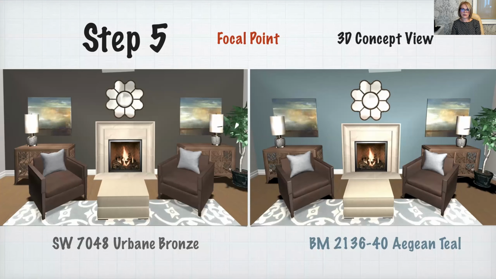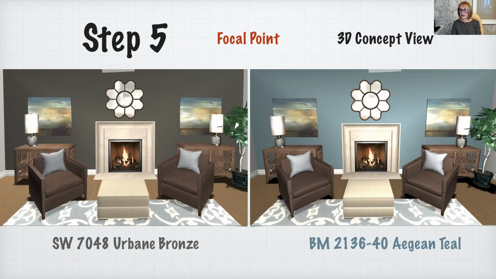But what I really wanted to show you in these two rooms, which have exactly the same furniture, is that I have used a different paint color for each wall just to create a feature wall. And these are both colors that were chosen as 2021 colors of the year. The left one is Sherwin-Williams Urban Bronze, a really nice, warm, kind of brownish gray tone.